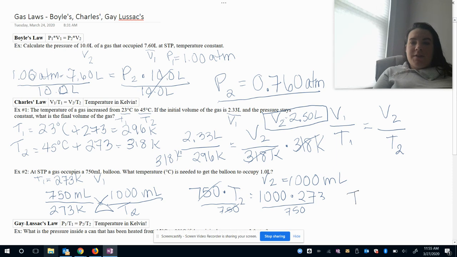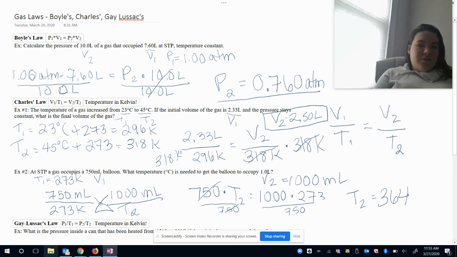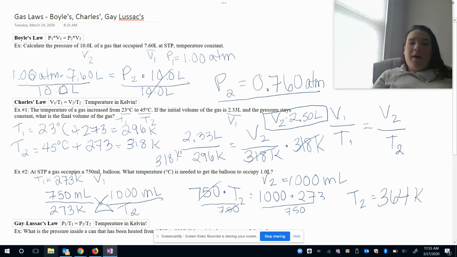And that gives us T2 of 364. So for this one, technically we should only keep 2 sig figs, but I'm going to keep 3 for now. So 364 Kelvin.